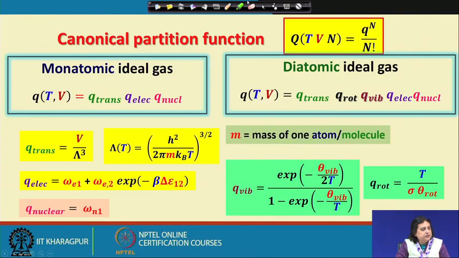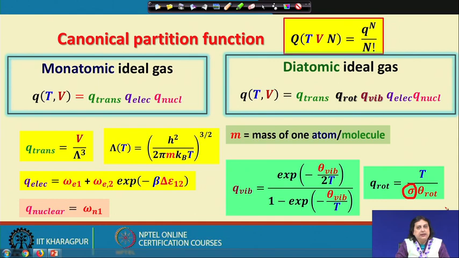And there is this term sigma that we have discussed extensively in the last class, which we call a symmetry number, and sigma is equal to 1 for heteronuclear diatomic cases and sigma equal to 2 for homonuclear diatomic molecules.